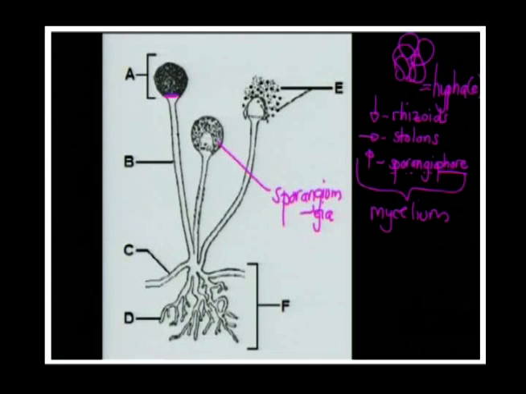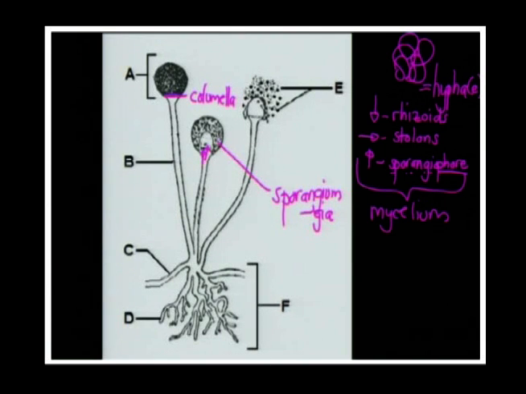And what will happen, the wall here, you can see it, it's called the columella, will start, as you see here, to move up and further up into the sporangium.